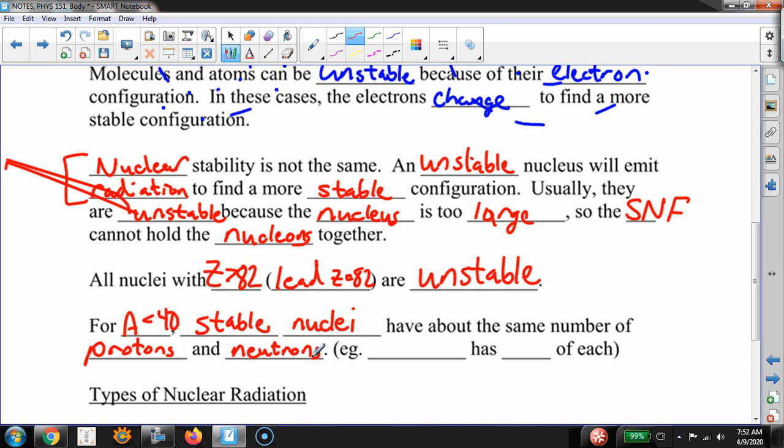You can have nuclei that are unstable with a Z less than 82, but they typically do not have the same number of protons and neutrons. So for example, a stable nucleus is carbon-12, and it has 6 of each, 6 protons and 6 neutrons.